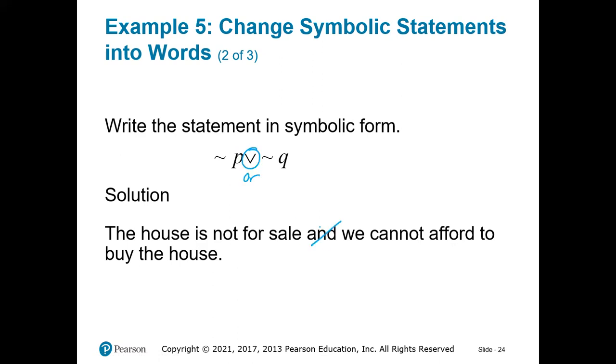So this is a typo on the slide. This really should be or. We cannot afford the house. That's the or, not the and. So they made a typo. When we go back from symbols to words, we need to replace this with or, not with and. Now, this statement as it was before would have been correct if they had the negation of P and the negation of Q. Now this will be translated into and. So they had an error there.